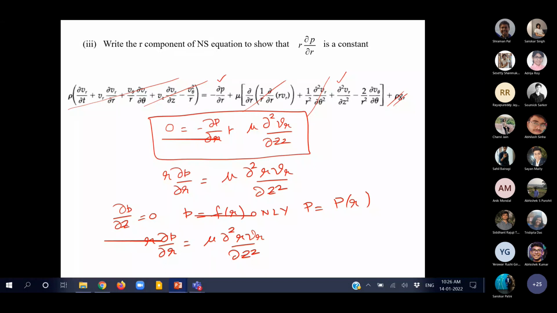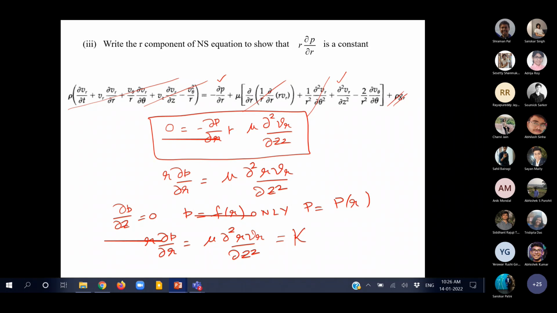Let's call it K. Understanding the functional dependence of the terms of the Navier-Stokes equation would give me important information.